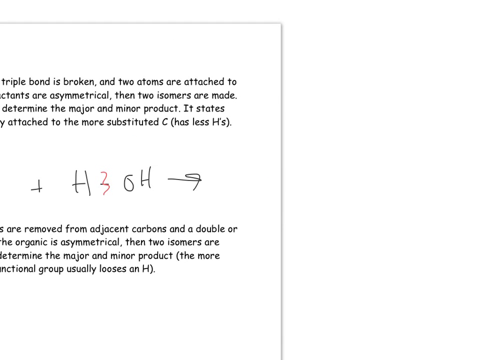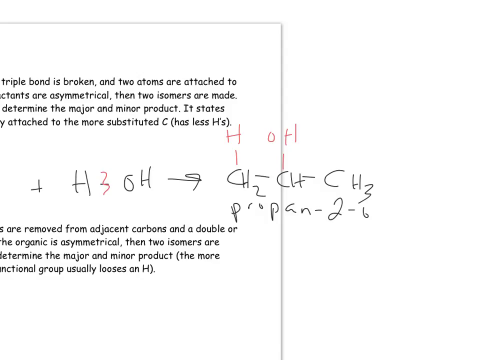The first option is to put the hydrogen on the first carbon. I'll indicate that by making that hydrogen red. That hydrogen came from the water. The hydroxyl goes on the second carbon. If I name this molecule, it's going to be propan-2-ol.